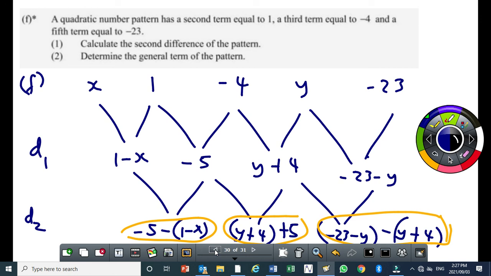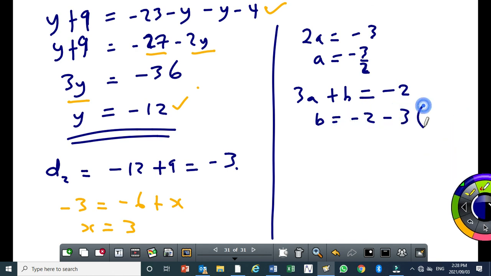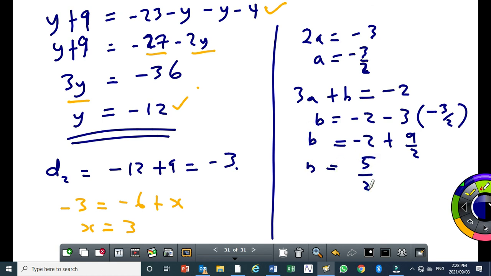What is 1 minus 3? Negative 2. So put negative 2 there. So b is going to be minus 2 minus 3 times minus 3 over 2. This will give you minus 2 plus 9 over 2. This is the same as minus 4 over 2 plus 9 over 2, so I'll get 5 over 2.